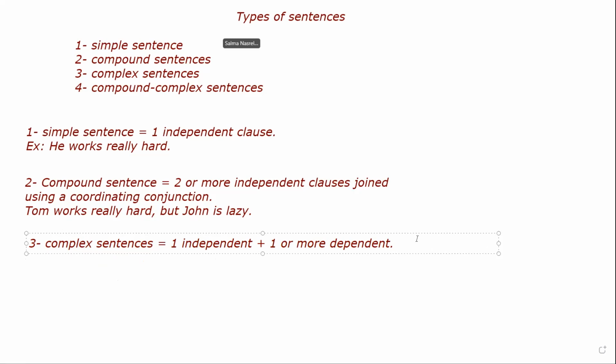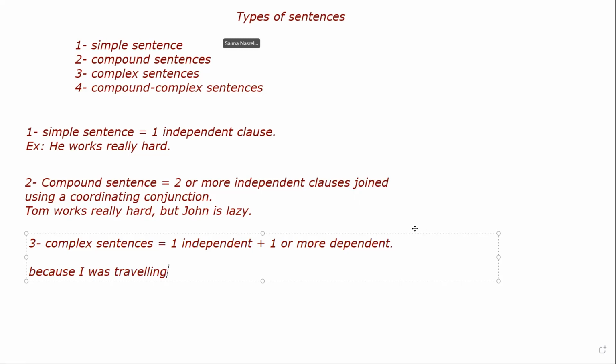Example. How do I know an independent clause from a dependent clause? Like when I say, because I was traveling. It's a dependent clause that can't stand on its own, but it does have subject and verb because it's a clause, you know?